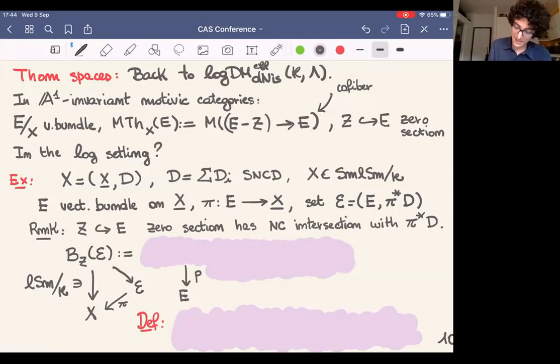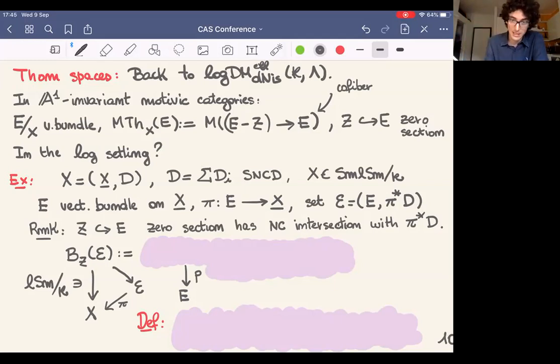So let's remind ourselves that in A1-invariant motivic categories, for every vector bundle E over, say, a scheme X, we can define the motive of the Thom space of E over X as, so let me use this notation, the motive of E minus the zero section to the motive of E, okay? So this means the cofiber or cone in this triangulated category. So what happens in the log setting?